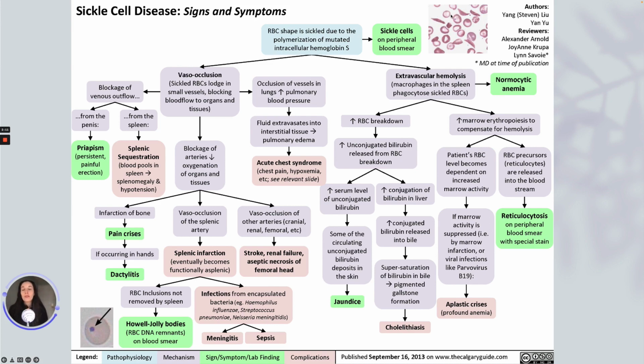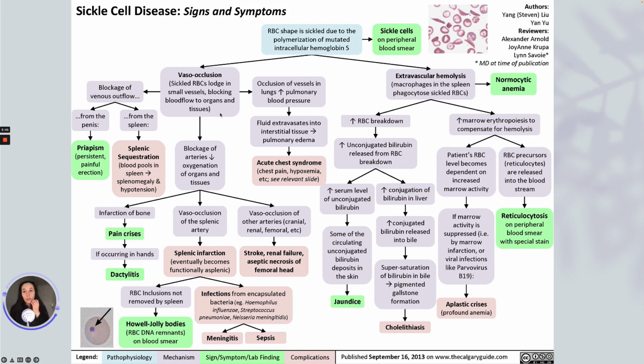So the red blood cell shape is sickled due to the polymerization of the mutated intracellular hemoglobin S. Pretty much, this is a hereditary disease. They get this gene from their parents and it causes their blood cells to have that sickle shape, which is why it's called sickle cell, which then leads to vaso-occlusion.